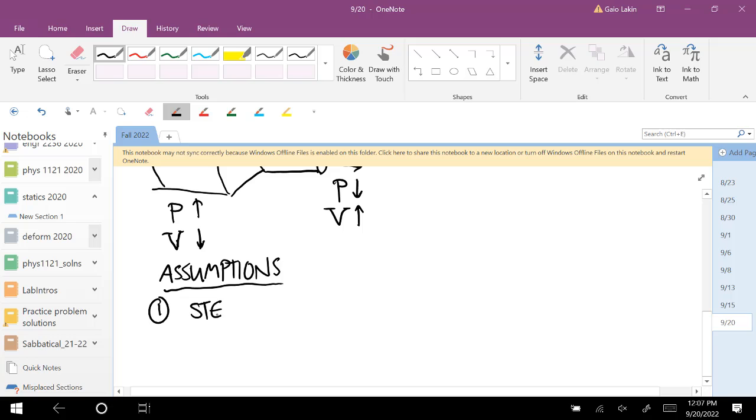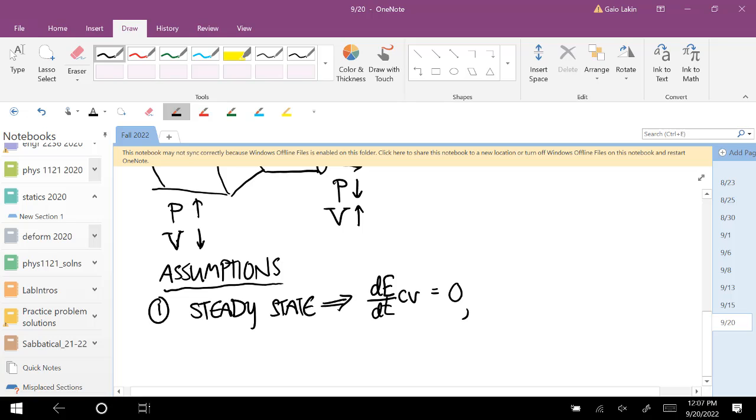So steady state means two things to us. First, it means the time derivative of the energy in the control volume is 0. And second, it means that the mass flow rate in is the same as the mass flow rate out.